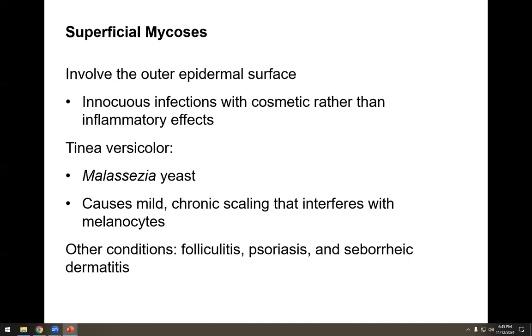So this is going to be like tinea versicolor, where you have a fungal infection of the skin that affects your melanocytes and leads to skin pigment color changes, but it's not harmful. It just causes color change of the skin. Other conditions that fall into this category would be folliculitis, psoriasis, and seborrheic dermatitis that are fungal infections that don't necessarily cause penetrating harm, but they are infections.